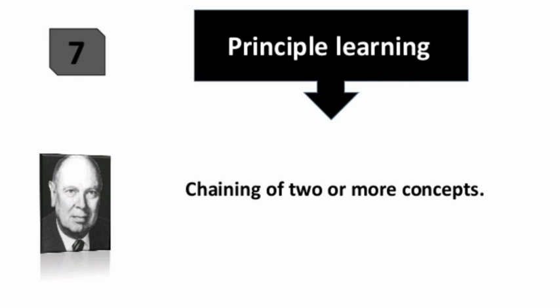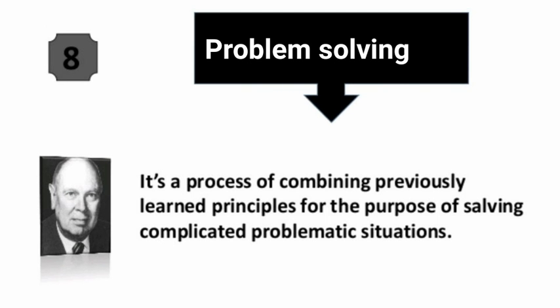And the seventh is principle learning, chaining of 2 or more concepts, making out an idea. And lastly, it is related with problem solving. It is a process of combining previously learned principles for the purpose of solving complicated problematic situations.